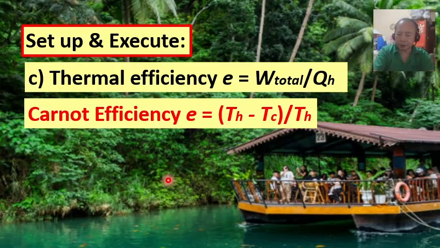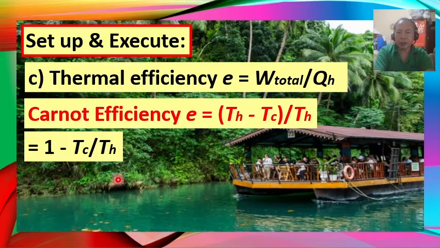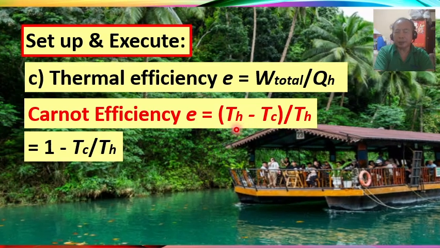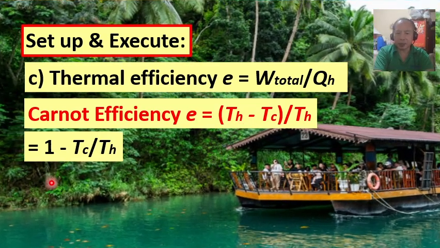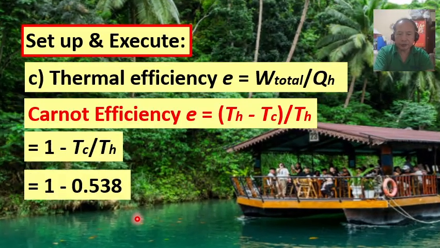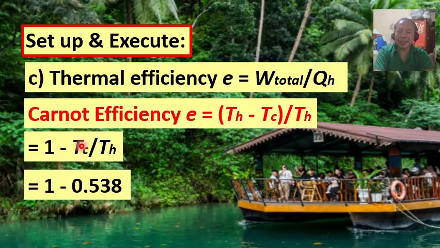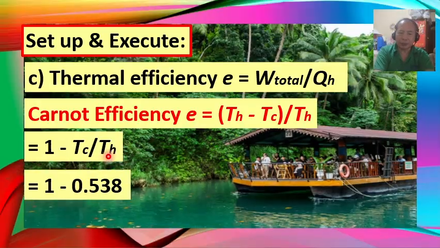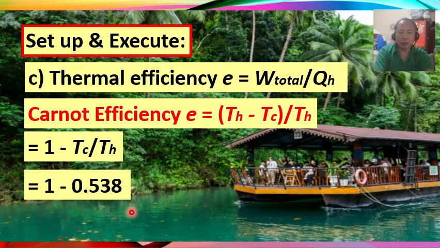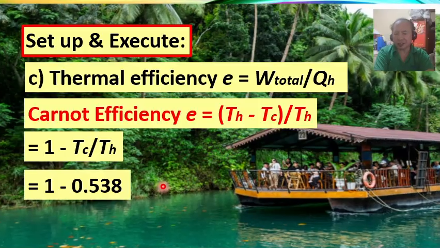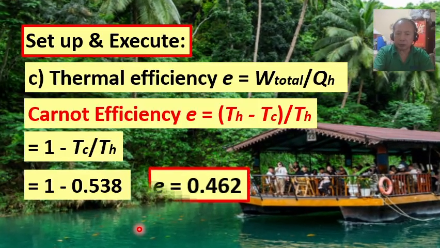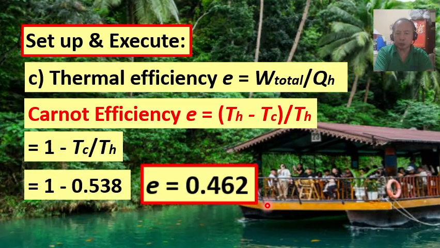Substituting, that's 1, obtained by dividing Th by Th, and then minus Tc over Th. So, since we already have the ratio of Tc over Th equal to 0.538, we can now specifically get the value of the Carnot efficiency, small letter e, equal to 0.462.